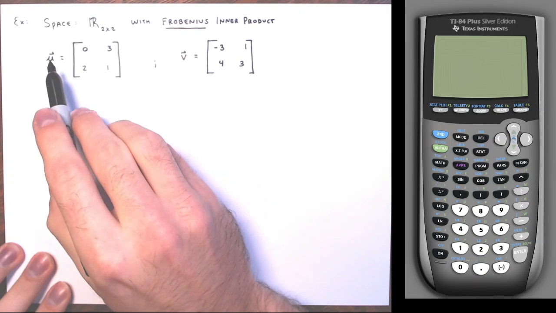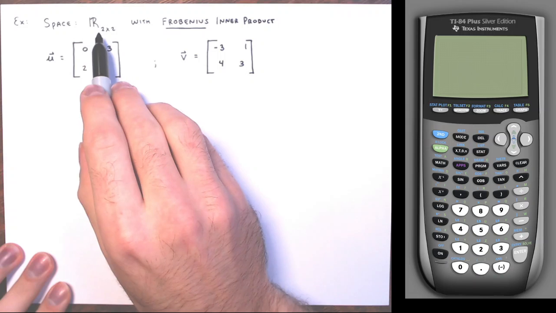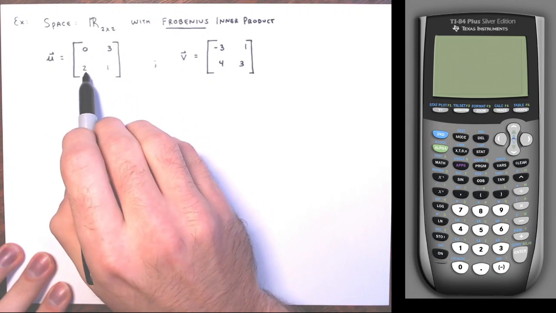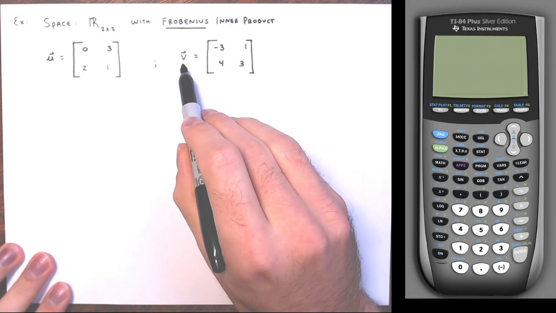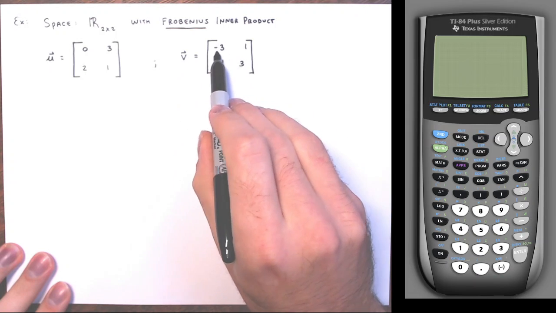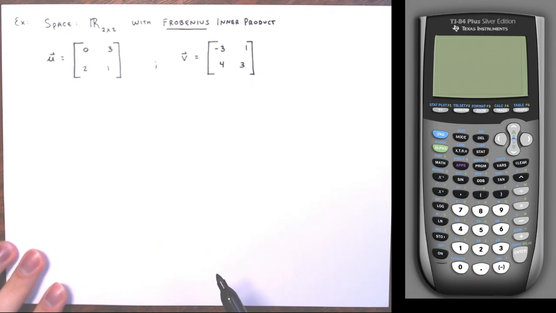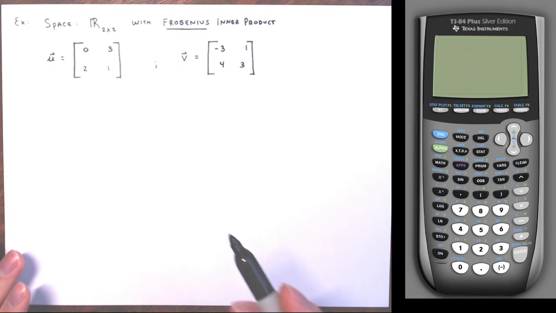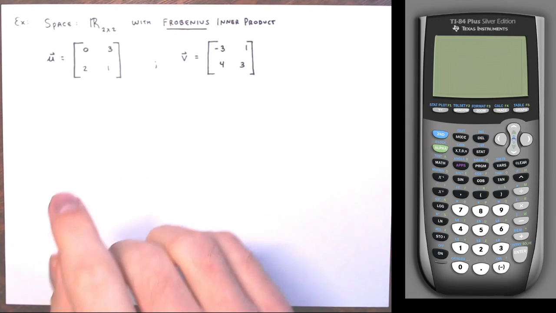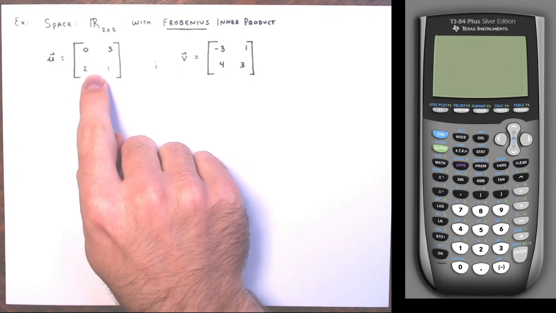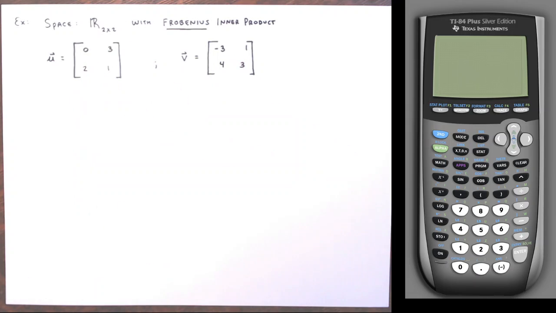All right, so here my vectors are matrices, 2 by 2 matrices. Vector u is this matrix with rows 0, 3 and 2, 1. And vector v is another 2 by 2 matrix, right, from the same space. Negative 3, 1 and 4, 3 are the rows. So what I'm asked to do now is orthogonally project this matrix onto that matrix. Now again, what does that exactly mean?